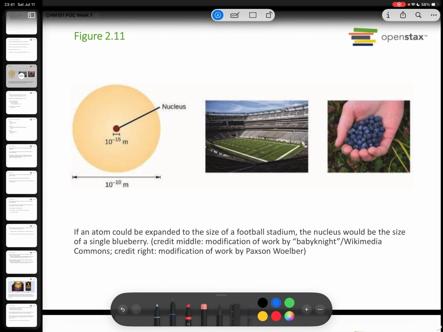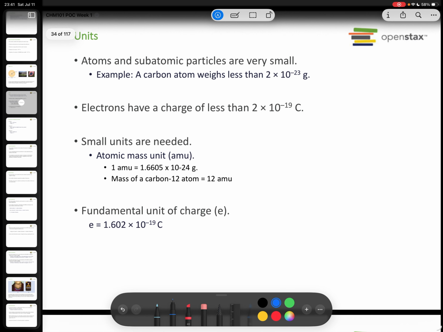Okay? So atoms and subatomic particles are extremely small. A carbon atom weighs less than 2 times 10 to the negative 23 grams. Okay, yun yung isang example. The charge of an electron is less than 2 times 10 to the negative 19 coulombs. Because these values are so tiny, chemists use special units, no?